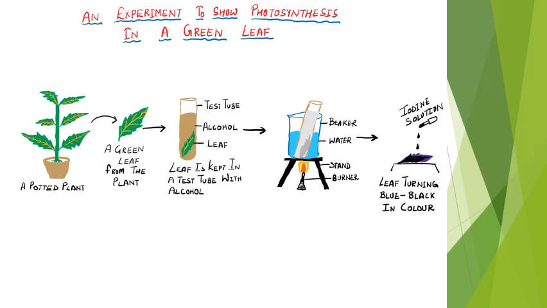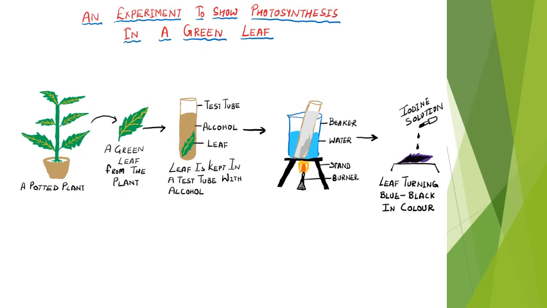So in this first experiment, first we have to take a potted plant and keep it under the sun for a few hours. Why is it kept under sun for a few hours? So that it can perform photosynthesis, synthesize glucose, and starch will be present in the body parts of the plant, especially in the leaves.